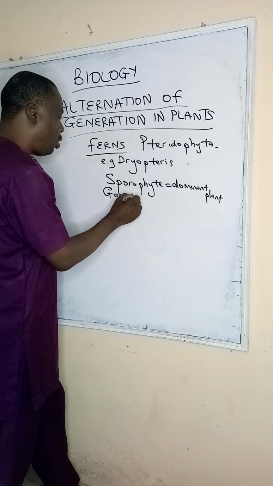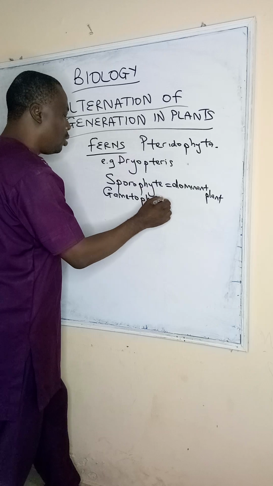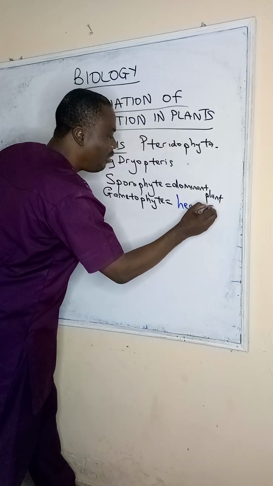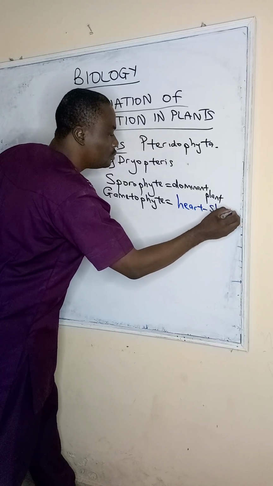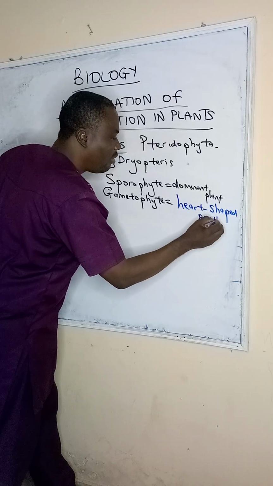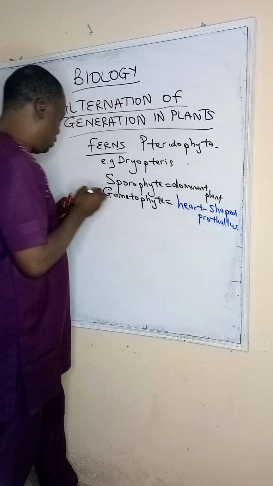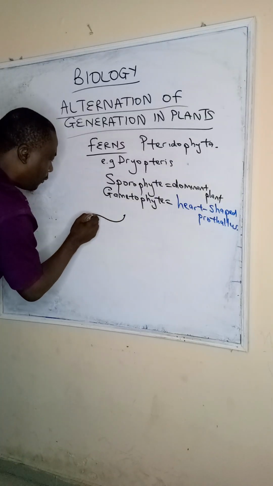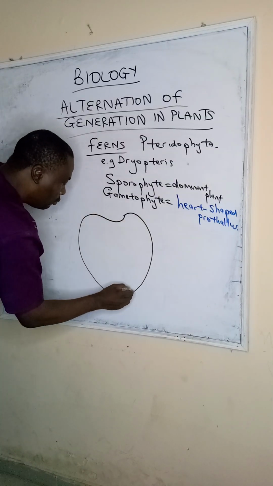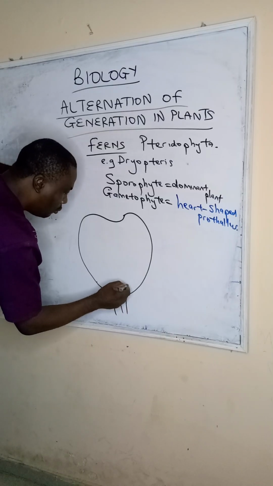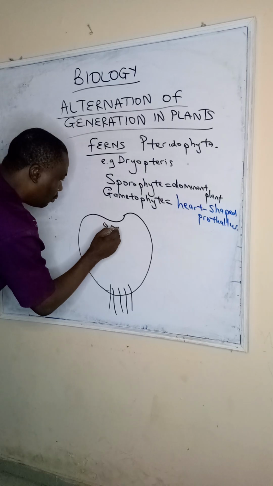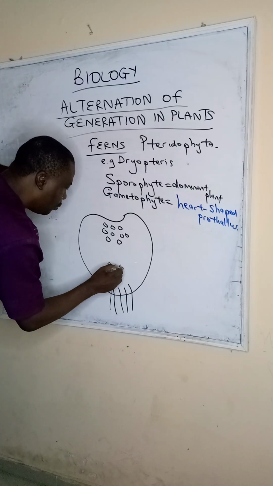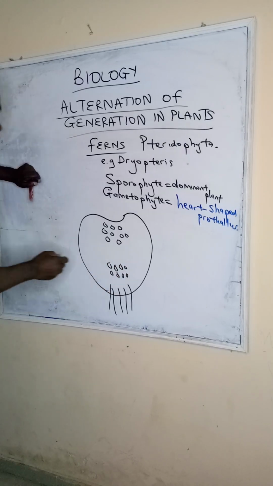Now this gametophyte is the heart-shaped prothallus. Let me draw the gametophyte for you. It's like this, like a heart.